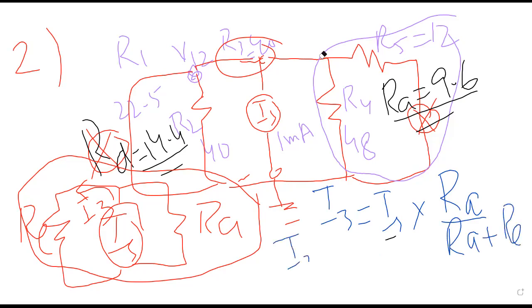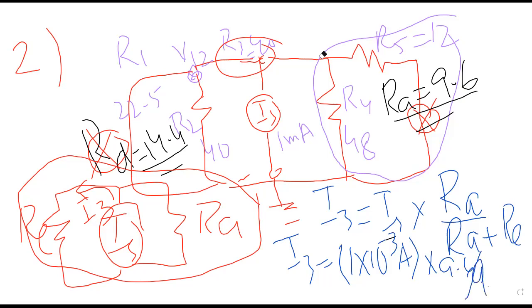What is the value of IS? IS is 1 milliampere, so it must be 1 into 10 raised to the power negative 3 ampere, multiplied by the value of RA, which is 9.6, divided by 9.6 plus the value of RE, which is 54.4.